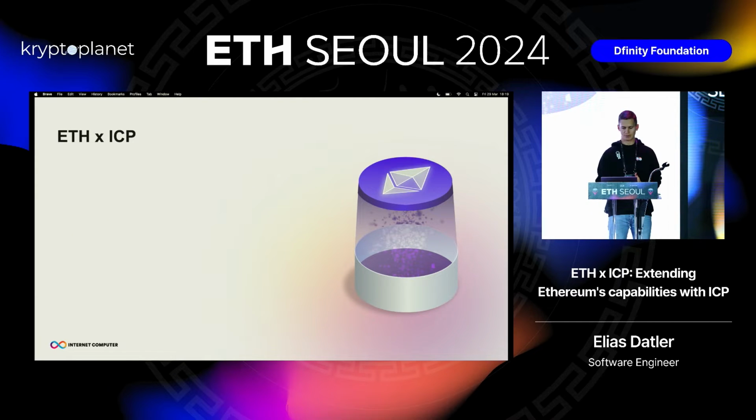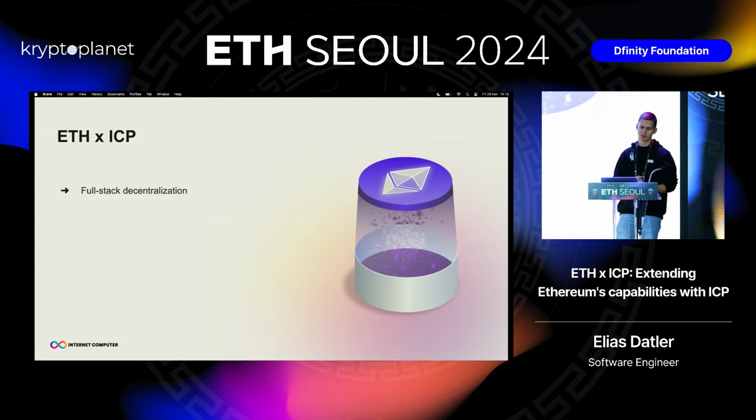So now, what are some of the benefits that you get when you integrate the IC and Ethereum? So first of all, you can have everything on chain, all computation, all assets, everything. And this makes you much more resilient to some outages, or it frees you from big tech.